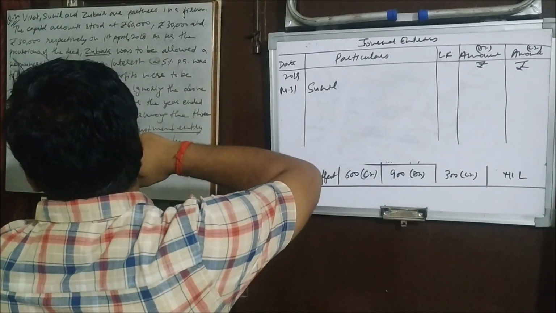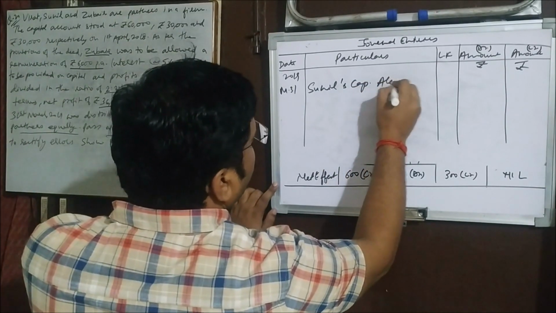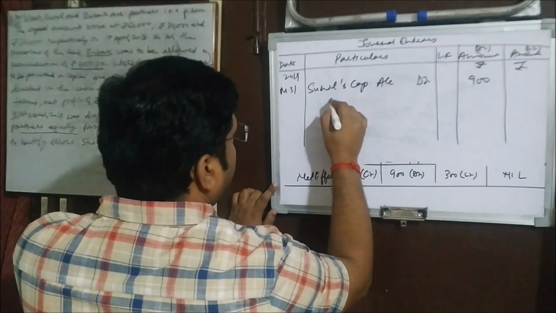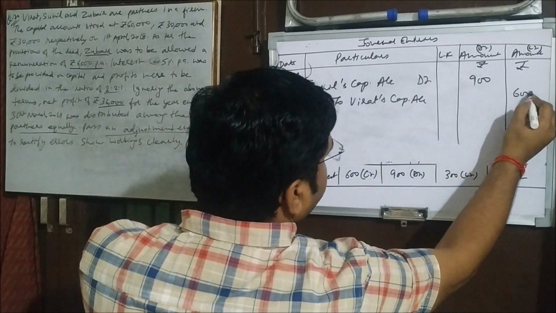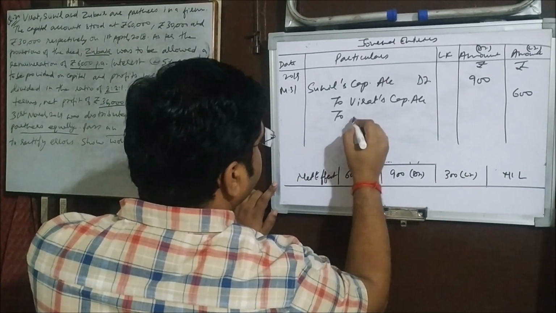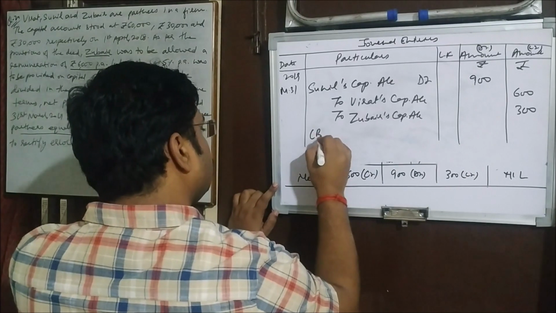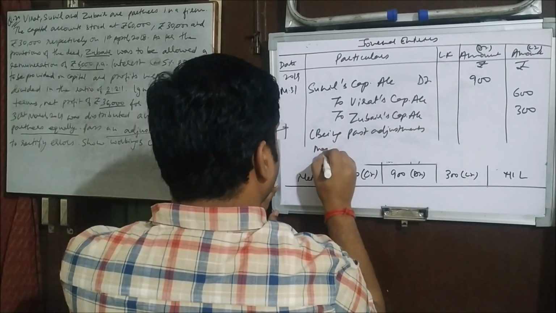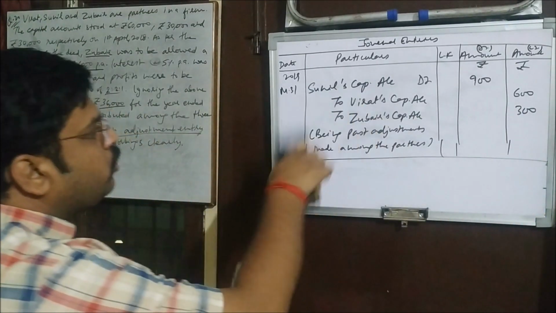That is not a fixed method, so the capital account will be debited by 900, and to Virat's capital account 600, and to Zubair's capital account 300. So being past adjustments made among the partners. So this is the way to attempt the question.